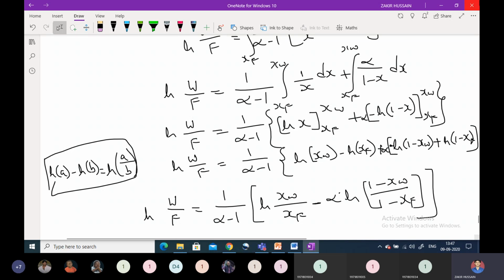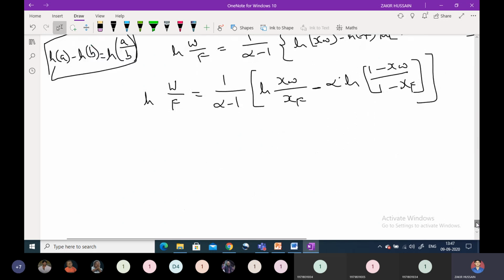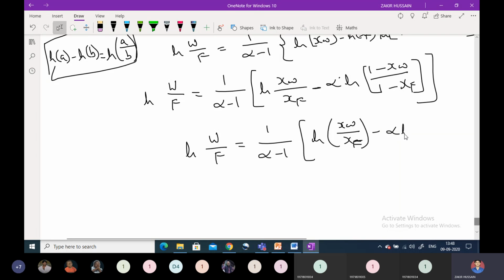So this is the solution for Raleigh's equation when alpha is constant, relative volatility is constant. I am writing this clearly once again. Ln W by F is equal to 1 by alpha minus 1 into ln xw by xf minus xf alpha ln 1 minus xw by 1 minus xf.